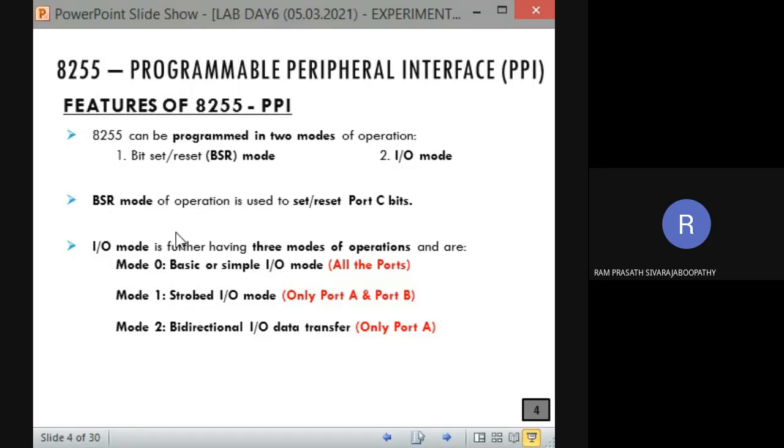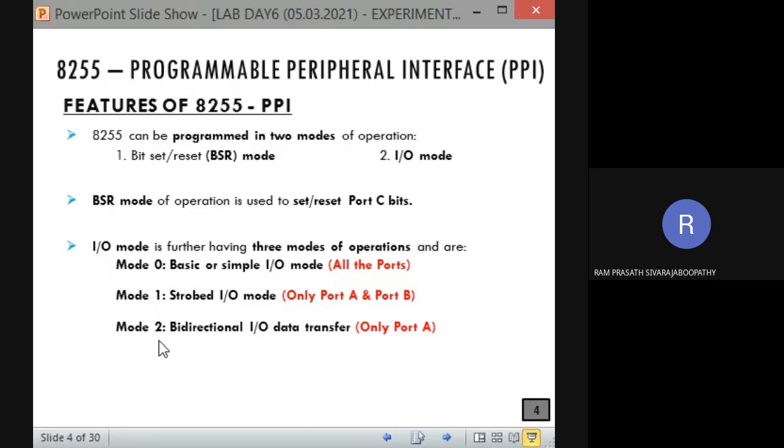Similarly, if there is input data for me, when your class representative initiates, I can know I have some data. In the case of simple IO, there is only one-way communication, and we are not going to verify whether the thing happened correctly or not. So mode 0 is the simple IO mode.